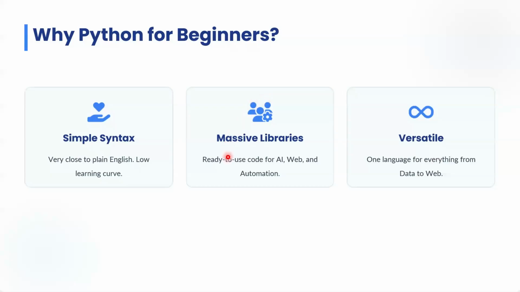It is ready to use code for AI, web and automation. It is a versatile language, one language for everything from data to web. So I already told you it is one of the strongest languages that I know, and it can be used for everything. That's the reason Python is one of the most popular programming languages today.